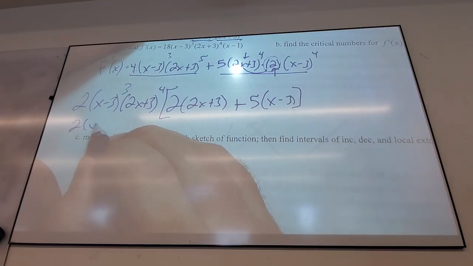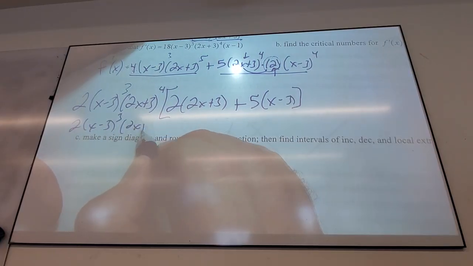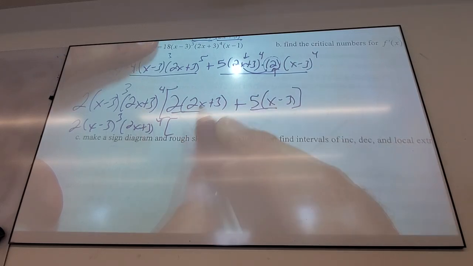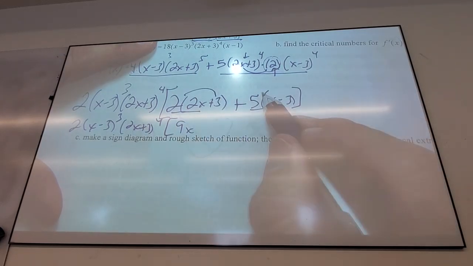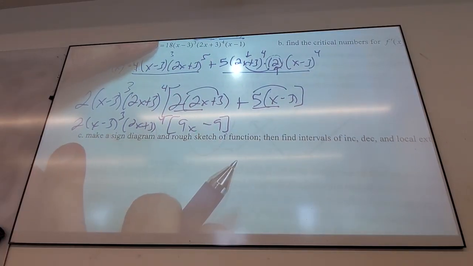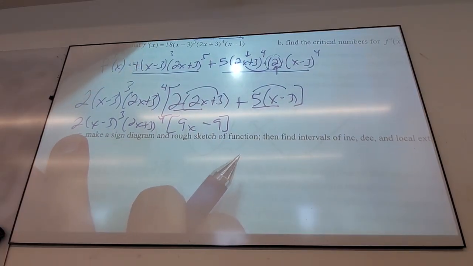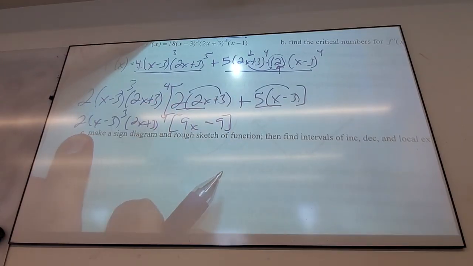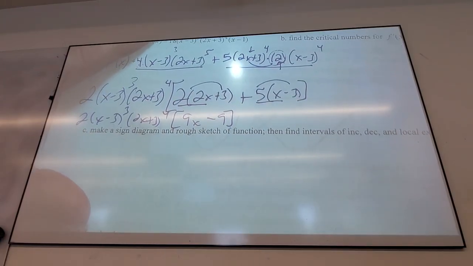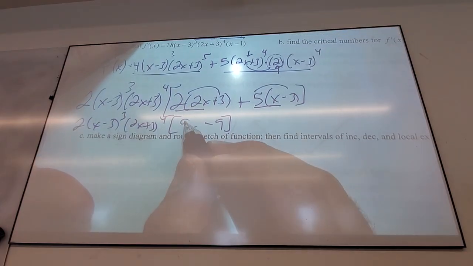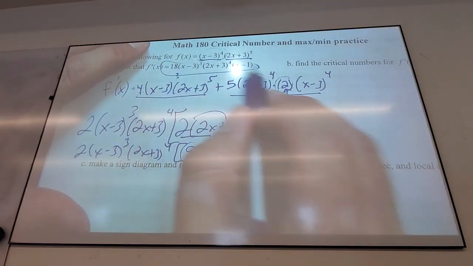So then I got 2x minus 3 cubed, 2x plus 3 to the 4th. 4x plus 5x is 9x, 6 minus 15. And can you see how I can take a 9 out? Some of you didn't take a 2 out, so you got 18x minus 18. You can take an 18 out. Who cares? Eventually the numbers are going to come out. So if I take the 9 out, I end up with that.